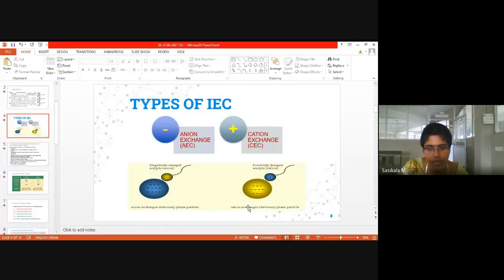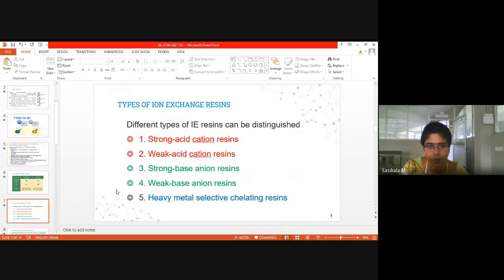That is, cation exchangers will be carrying negative charge to separate positive ions, where anion exchangers will be carrying positive charge to separate negative ions. So here the strong acid cationic exchangers will be carrying what type of charge? Negatively charged, since they have to exchange cations, positively charged ions. Where strong base anionic resins will be carrying positive charge to separate anions.